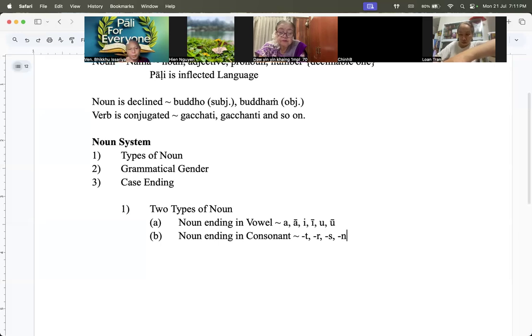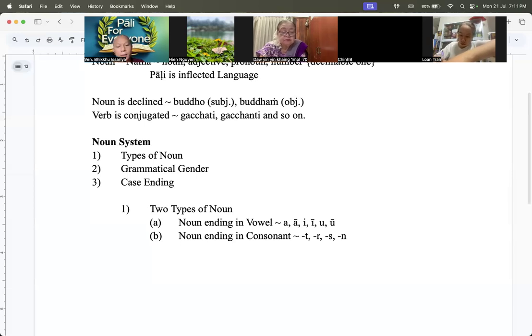So only four. Based on that vowel ending or consonant ending, their declension will be different. So that is how we need to know in this way.